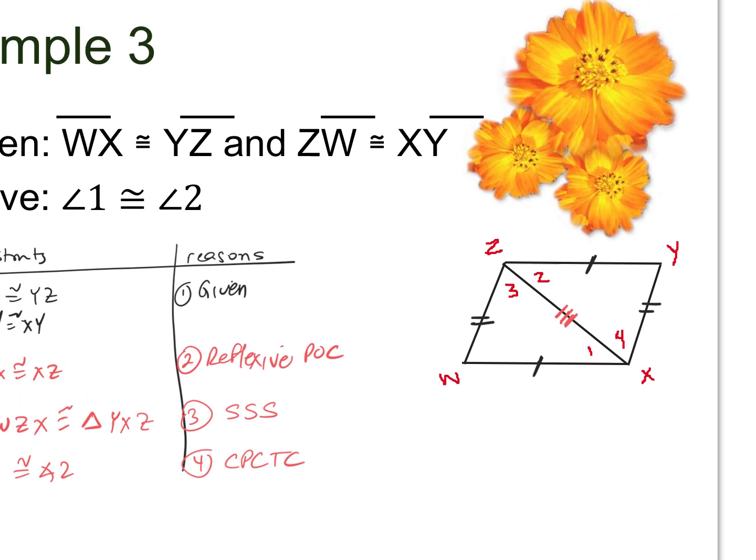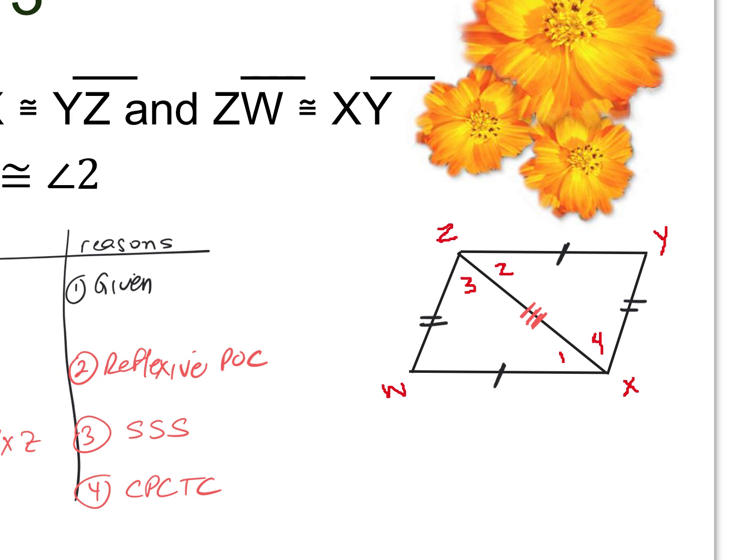Again, when I come over to here, basically the angle in between angle 1 and 2, this angle W is going to be equal to this angle Y. I've got the angle that's in between the single tick mark and the diagonal, that's angle Z. And that's going to match this one here between the single tick mark and the diagonal.